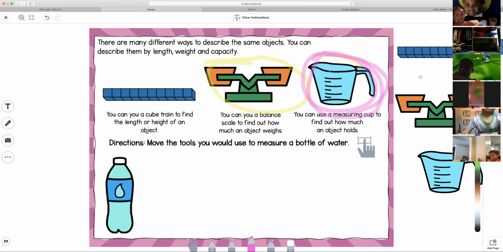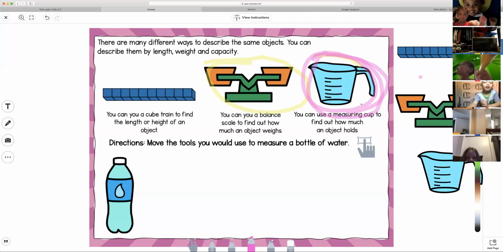Do you use a measuring cup when you bake? A measuring cup. This one, right here. Maybe she doesn't see it.